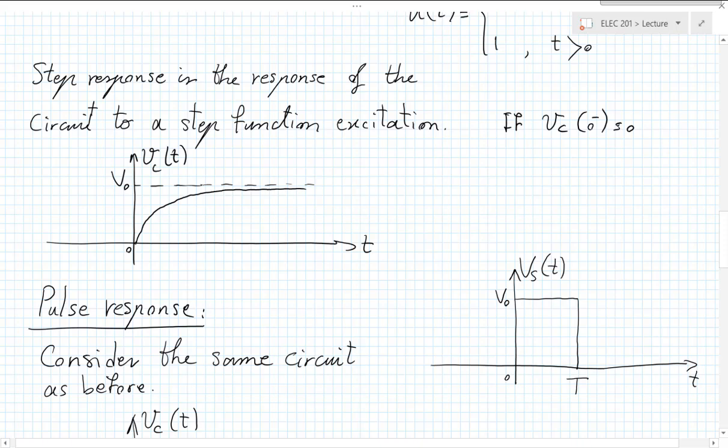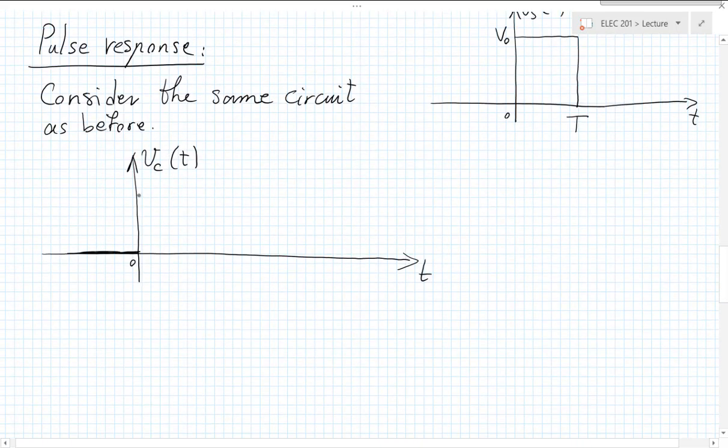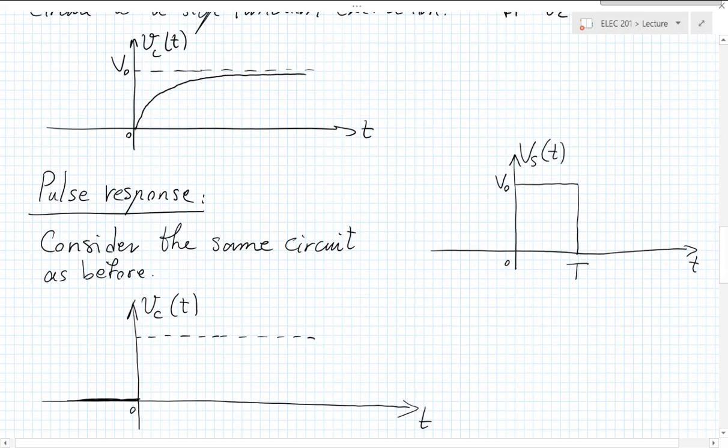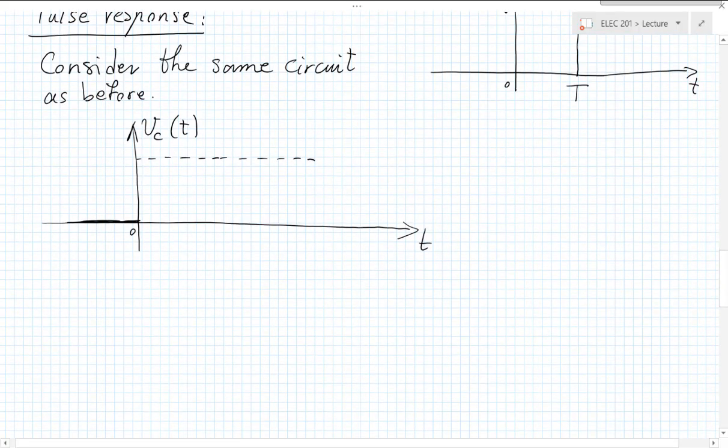Well, if you have that pulse instead, initially, the circuit has no idea that after this step, things are eventually going to go down, right? At this point, the circuit has no idea. Up to the point capital T, the circuit behaves just as it did for the step. So it will grow like this.